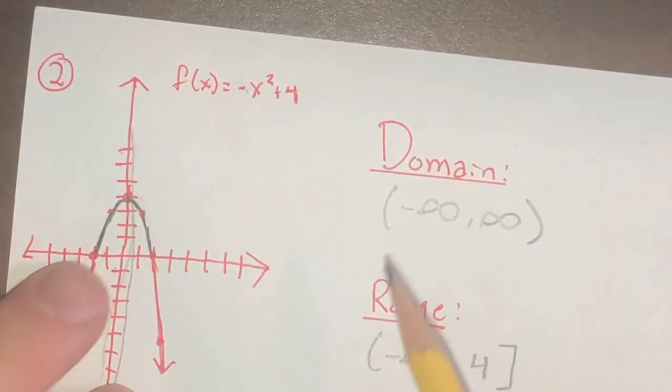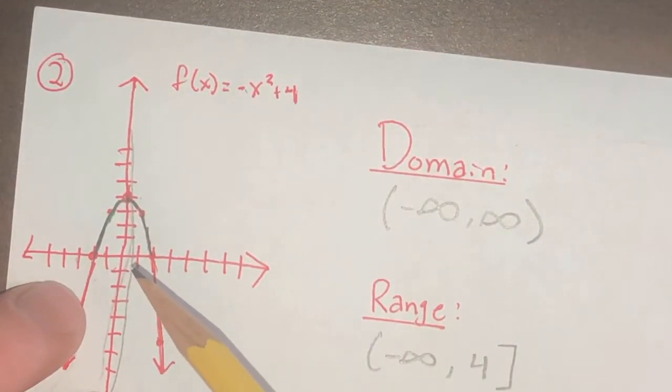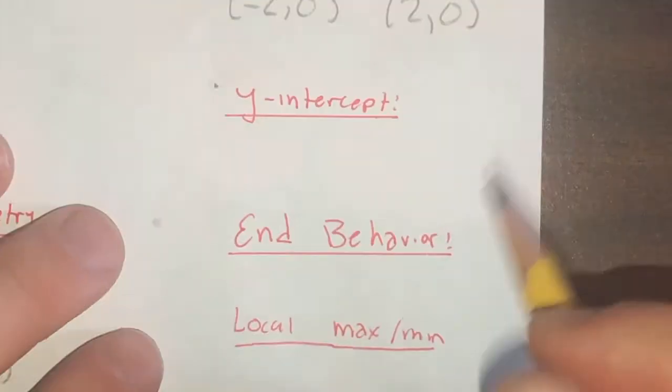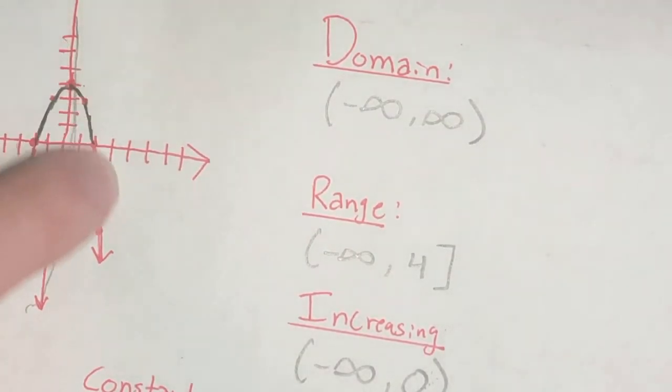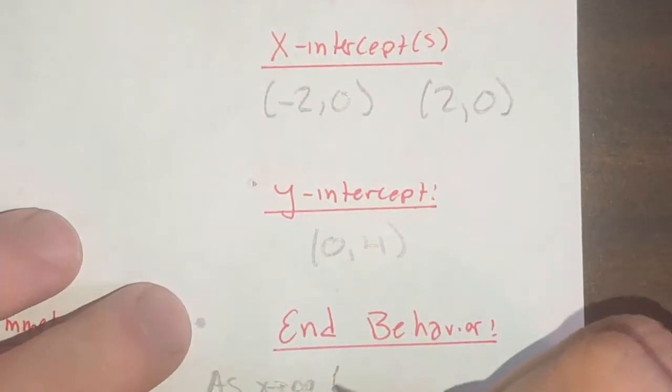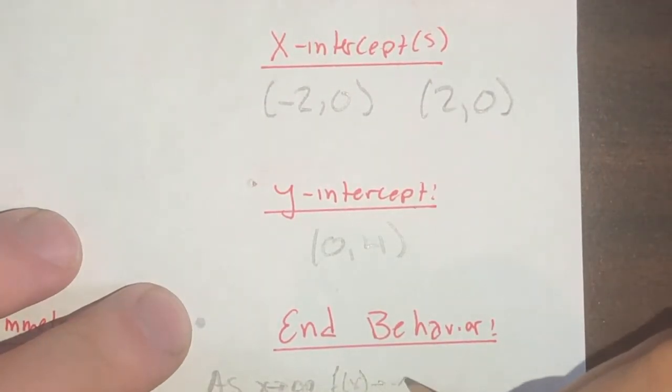Y-intercept, where does this graph touch the y-axis? It is at 0, 4. All right, end behavior. I'm going to do it in the written out way. As x goes to infinity, f of x goes to -infinity, downward pointing arrow.